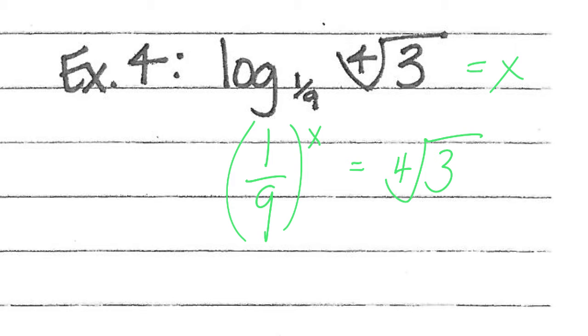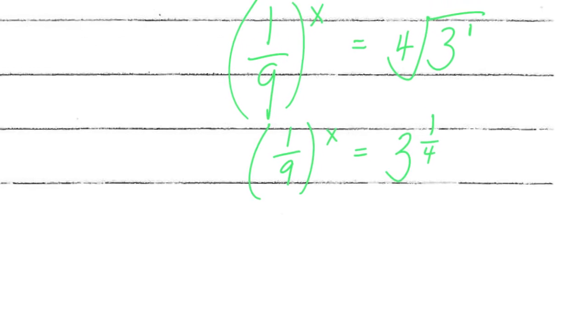Well, goodness, doesn't this look like a mess? The first thing I have to do is take the radical and make it into an exponent. So remember that this is 3 to the 1/4 power. So I can write this as 1/9 to the x power is equal to 3 to the 1/4.